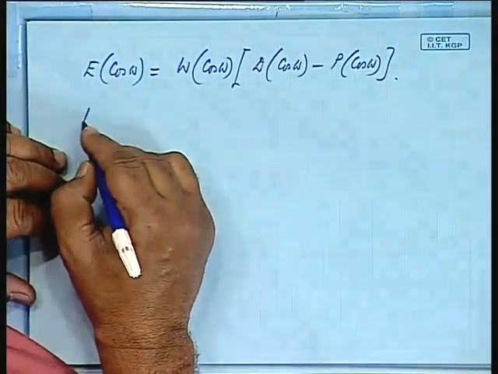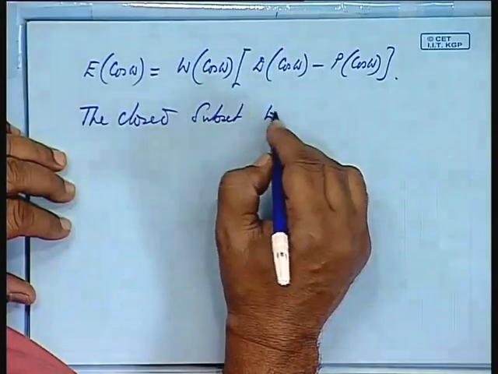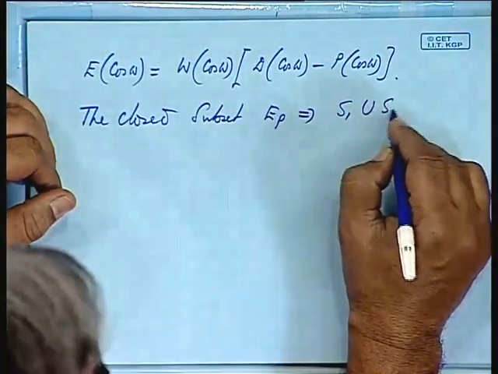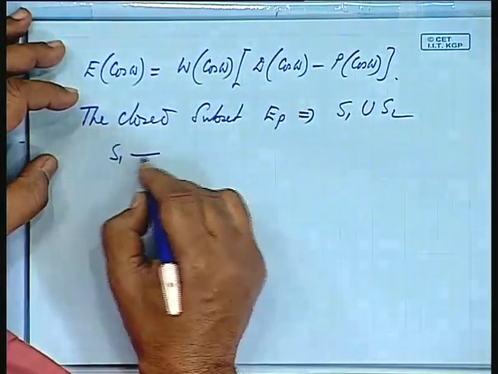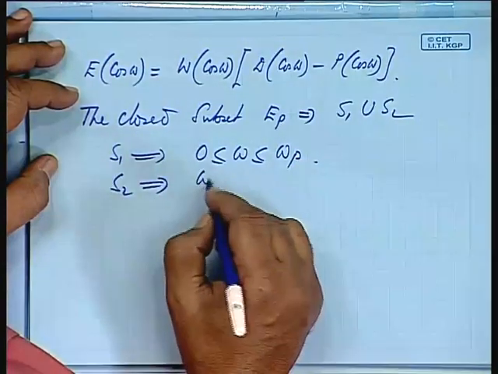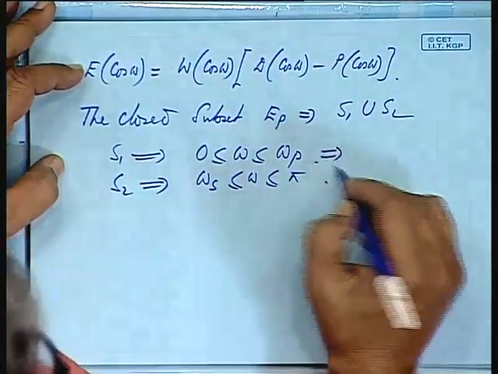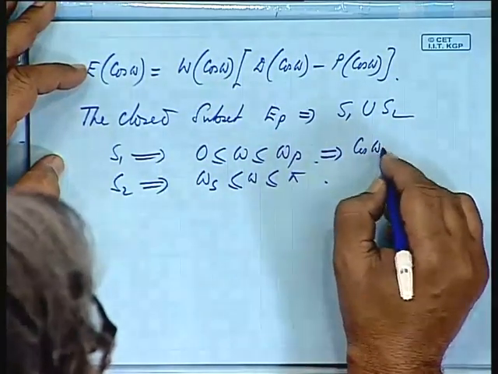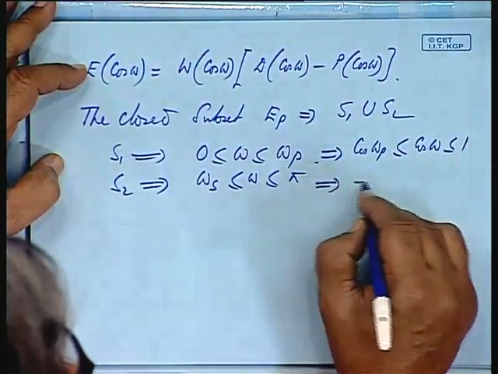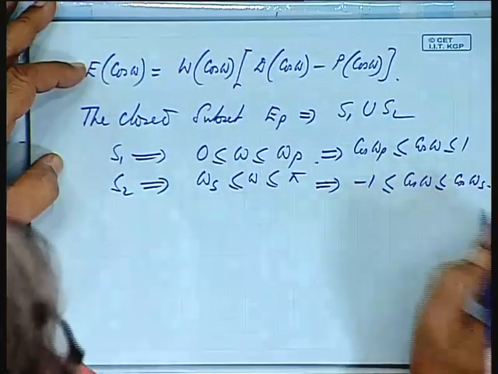The closed subset Ep is basically the union of the two subsets S1 and S2, where S1 corresponds to 0 to omega p and S2 corresponds to omega s to pi, which means this corresponds to cosine omega p to 1, and this corresponds to minus 1 to cosine omega s.